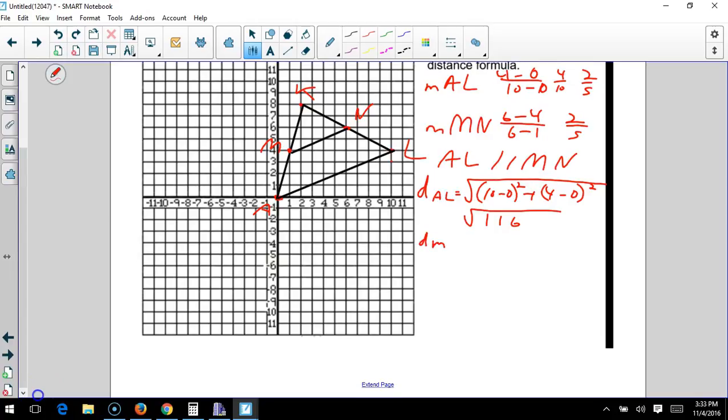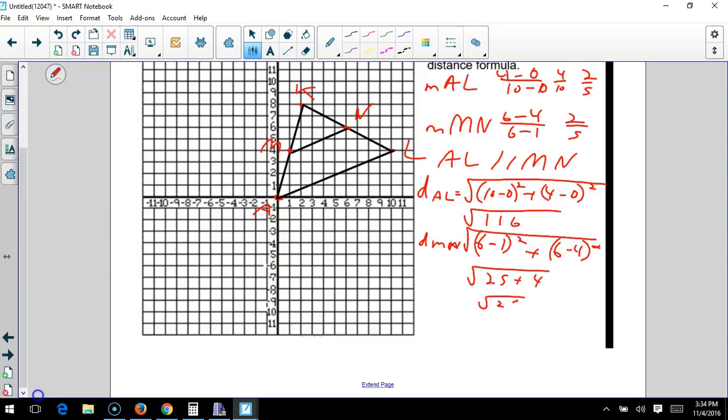Now we're going to do the distance of MN. Square root of (6) minus 1. That's x minus x squared plus y, 6 minus 4 squared. So that's the square root of 5 squared, which is 25, plus 2 squared, which is 4.